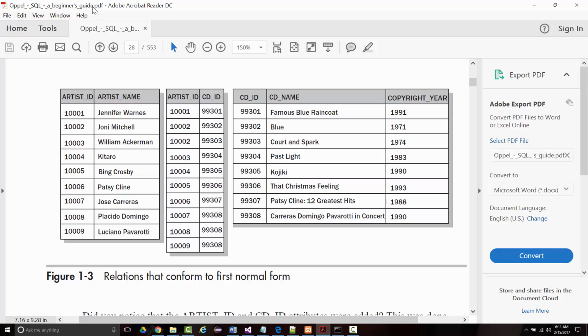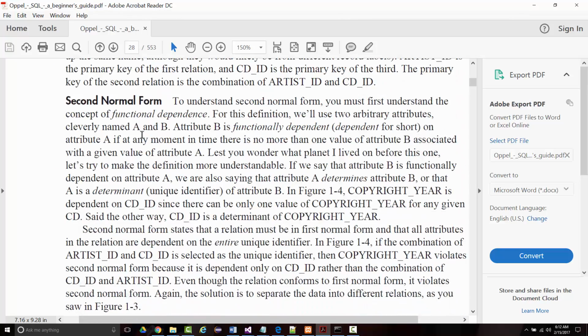So when you've got a field that's not your primary key, and you can figure out other values based off of that field, you're not going to be in second normal form. Because the only thing that should functionally determine the value of a field in your table is the primary key field. And that's what second normal form is all about. Now, did I say it as well as the author does? I'm sure I did not.